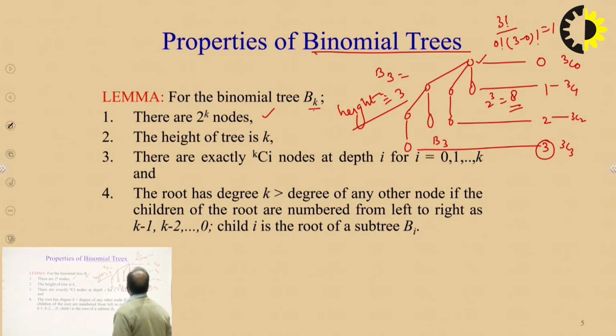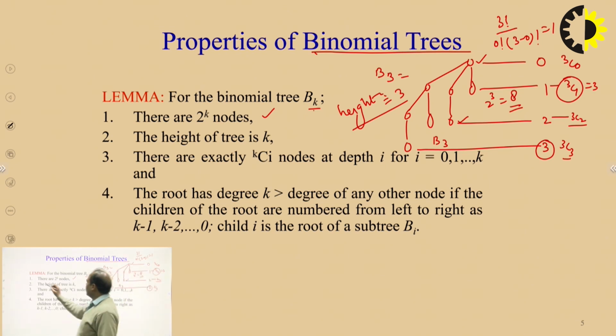So at depth 0, there is exactly one node. Same thing if you talk about 3C1, this is 3, yes, 3 nodes. 3C2 is also 3 and 3C3 is also 1. So this is true. There are 2 to the power k nodes. It is true. The height of the tree is k.